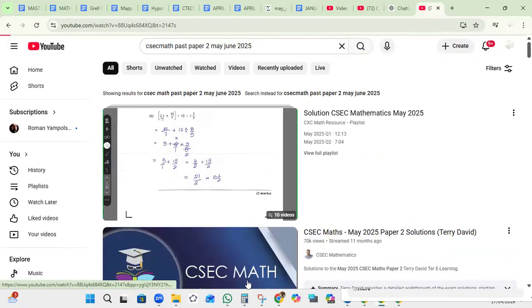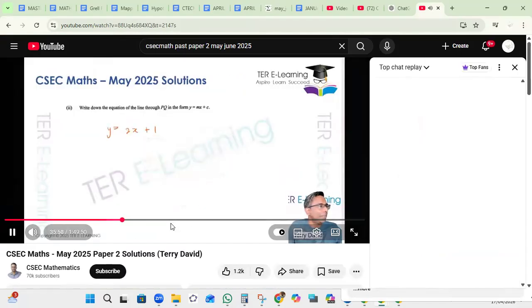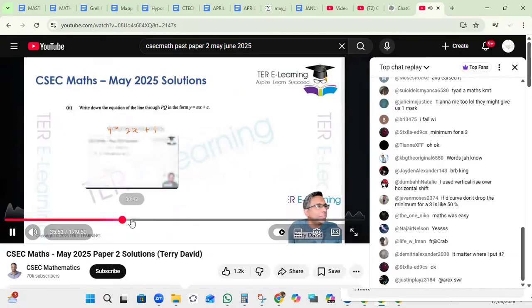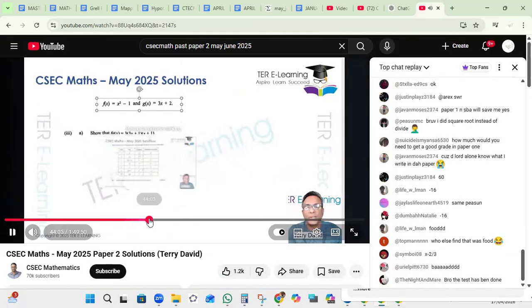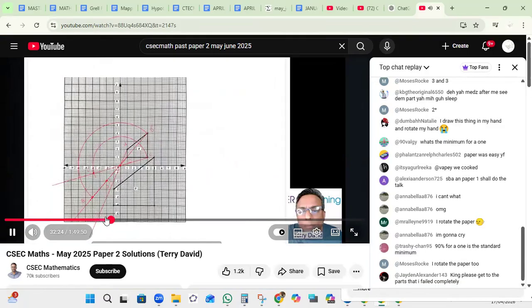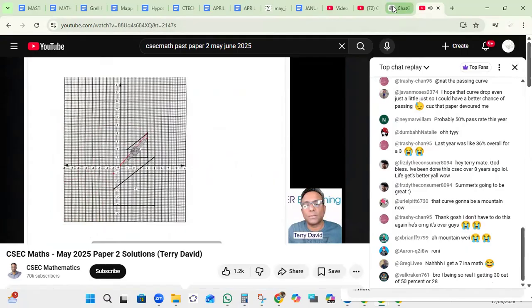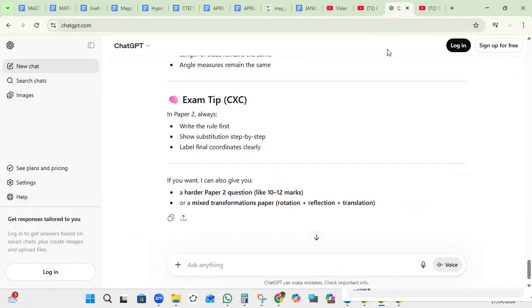And here you have the solutions. Part B, now we have functions, right? So this here is what they give us, and it's 2x plus, right? And then what we're going to do, we're going to make a rotation here. There you have it, or you can use ChatGPT to help you prepare for your CXC exam.